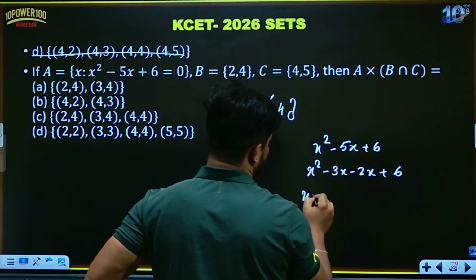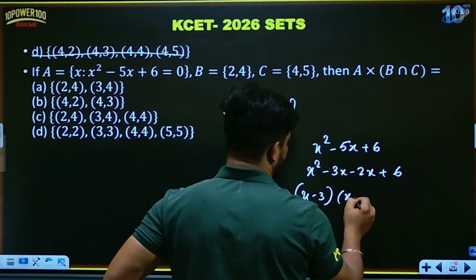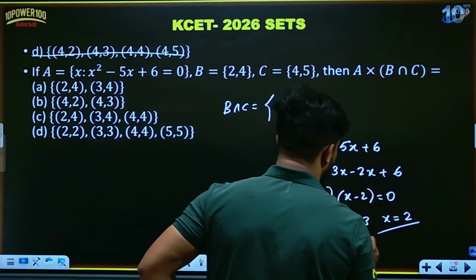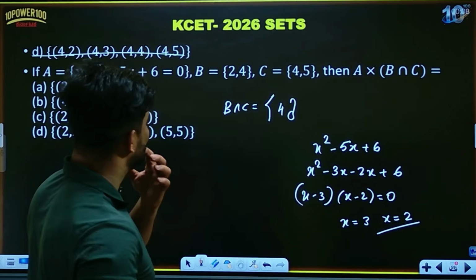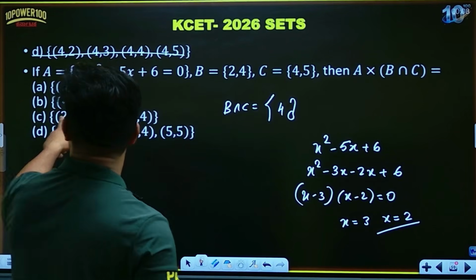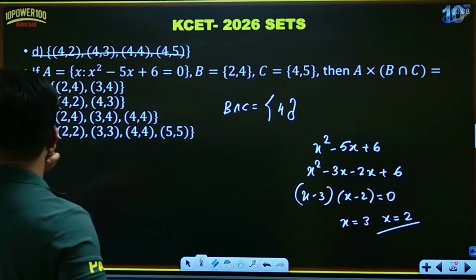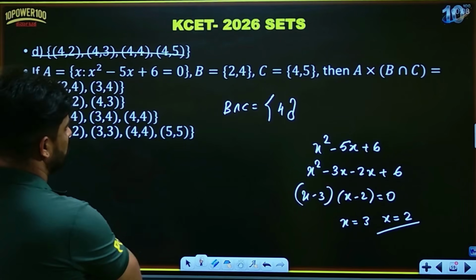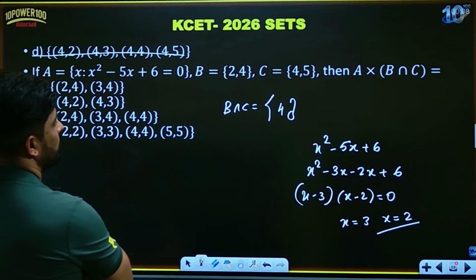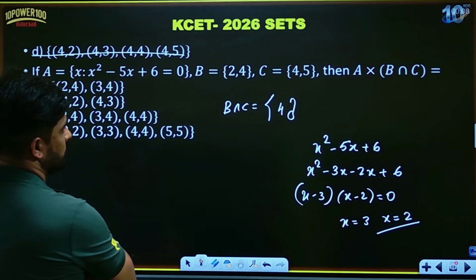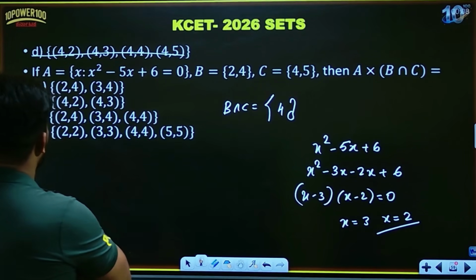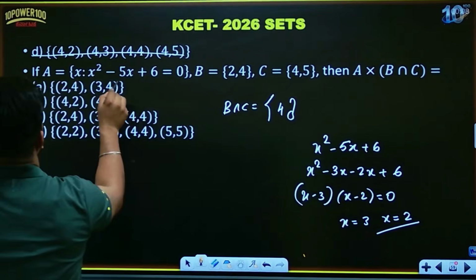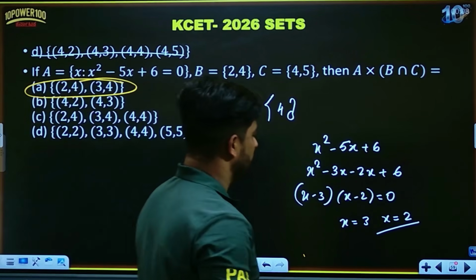So (x minus 3)(x minus 2) is equal to 0, x is equal to 3 and x is equal to 2. So 2 and 3 come. So this is (3,4), (2,4). Where is it? This is A cross (B intersection C). Sorry, (2,4), (3,4). Yes, option B. Look at option A here, (2,4), (3,4) is there, right? So we can go with that.